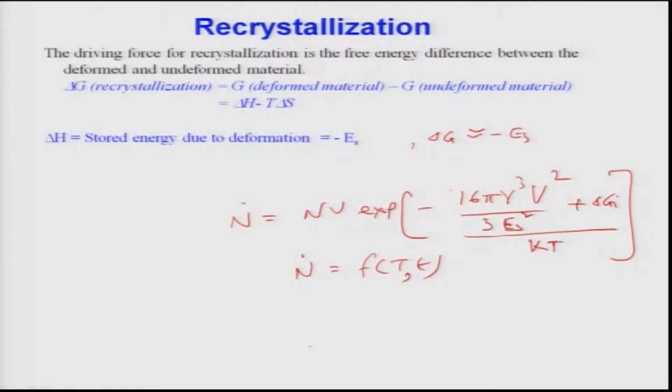So N dot is the nucleation rate, it depends on the number of atoms, and nu is the frequency of jump, and this is the exponential term which is equal to 16 pi gamma cubed by 3 E s squared plus delta G I over k T. Here you have to understand one thing: as compared to the classical nucleation rate equations, G s is converted into E s times V, and other things are not considered here.